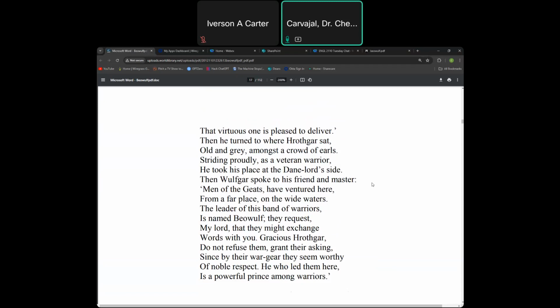The fact that he's willing to offer up and risk his life to fight this battle on his own, not for his own clan but for another tribe, says something about how Beowulf is extra special, because he has extra courage and extra abilities. So he's loyal.